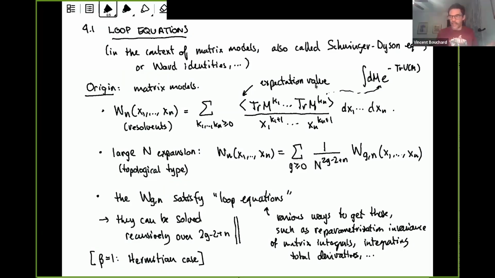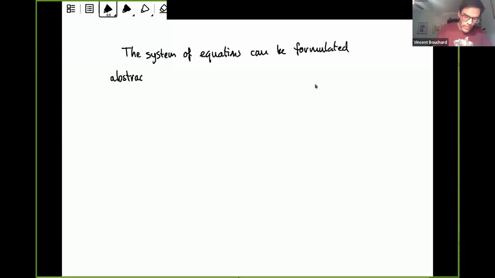Okay, but the cool thing is that they satisfy equations. And for us, what is important is that the system of equations I just talked about, which is called loop equations in the context of matrix models, can be formulated abstractly. So what does it mean? It means that it can be formulated without reference to a matrix model, and you can study these equations for what they are.